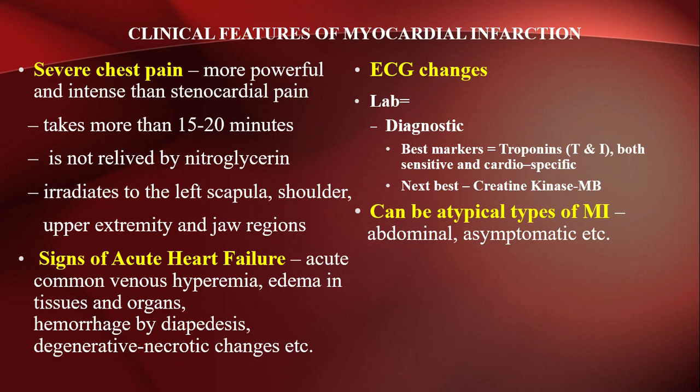Signs of acute heart failure, acute general venous hyperemia, edema in tissues and organs, hemorrhage by diapedesis, degenerative necrotic change, and so on. And electrocardiographic change and laboratory diagnostic markers we use, the troponins, the creatine kinase. There may also be atypical types of myocardial infarction, abdominal, asymptomatic, and so on.